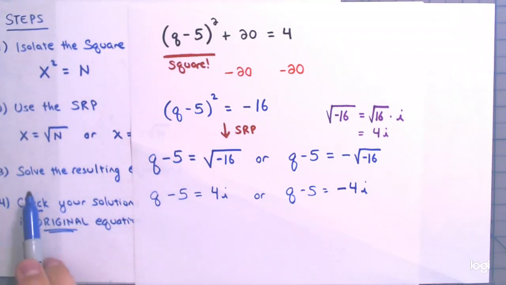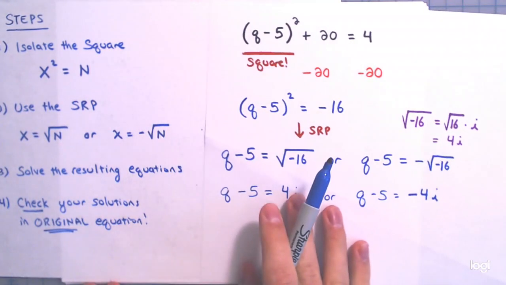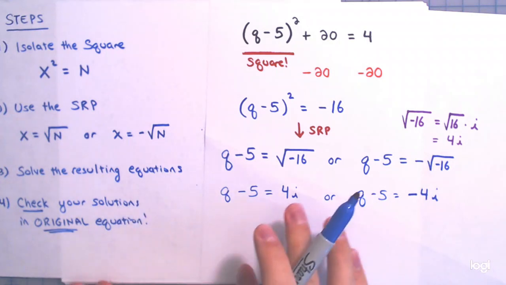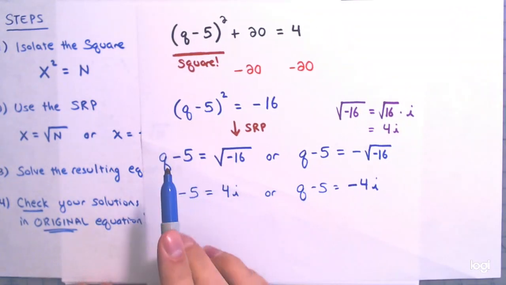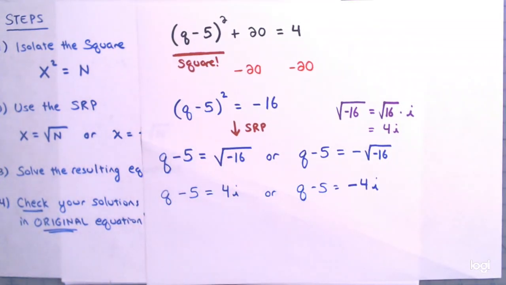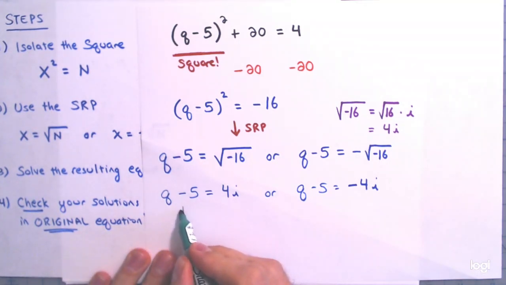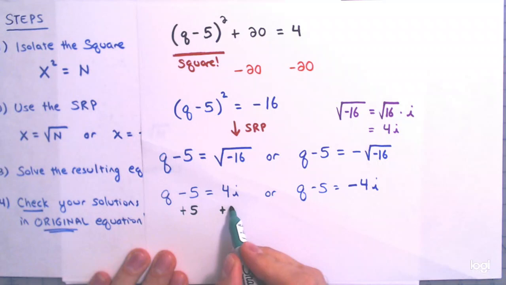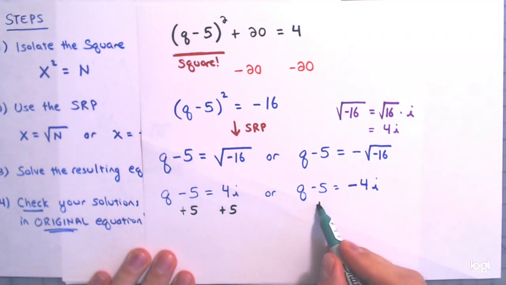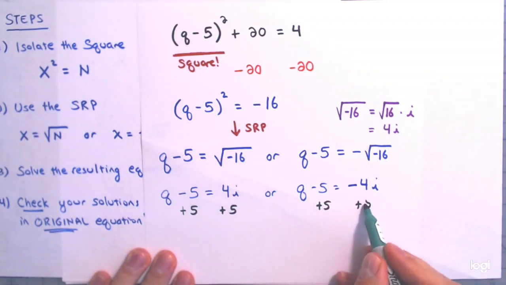And then comes step 3, right? Solve the resulting equations, which I have to do here because notice the variable q is not alone. So that's very easily done in both of these. In both of these, I would simply, to get q alone, just be adding 5 to both sides.